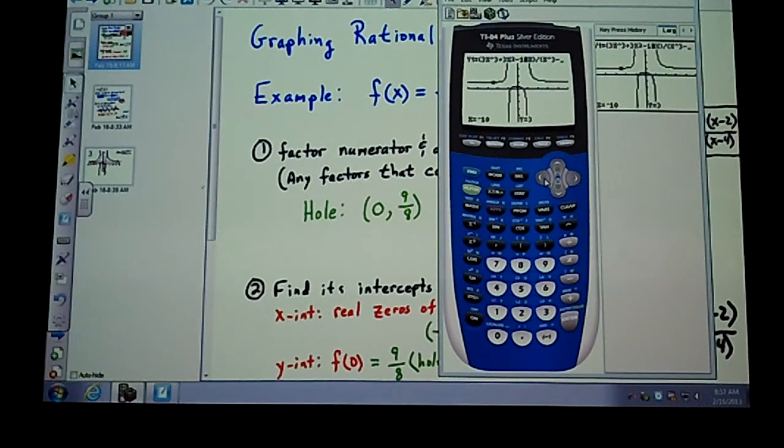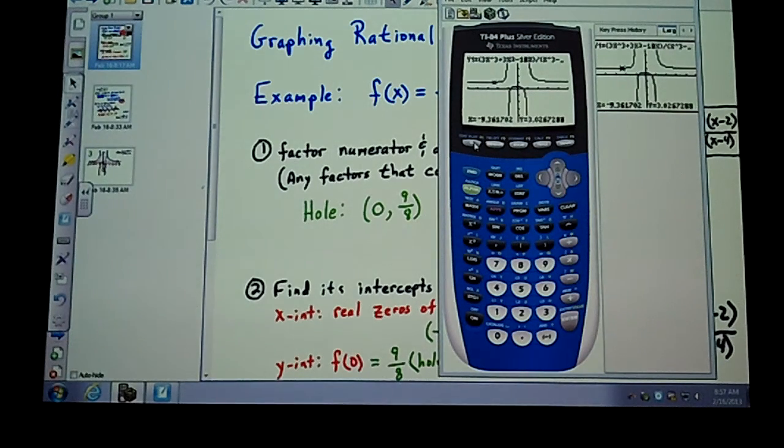Now if I go to the left of that, the y-coordinates are less than 3. And if I go to the right of negative 10, the y-coordinates are greater than 3. So that's where it did cross the horizontal asymptote.